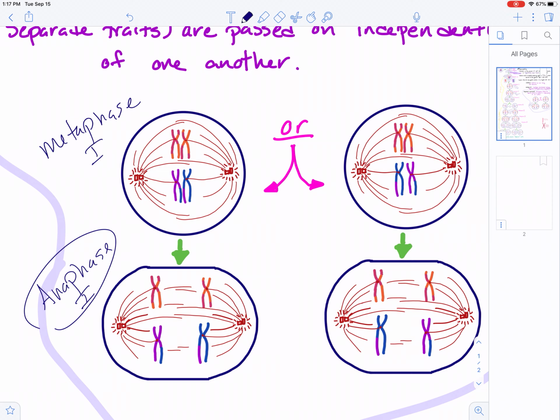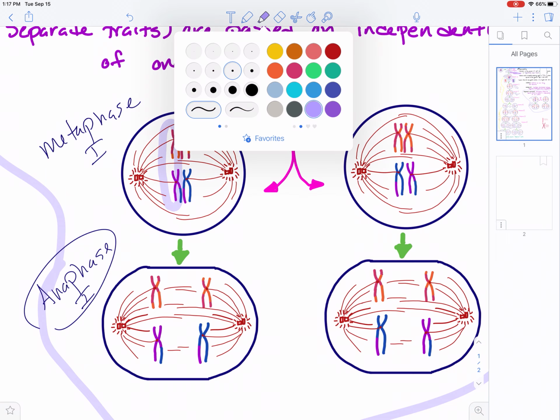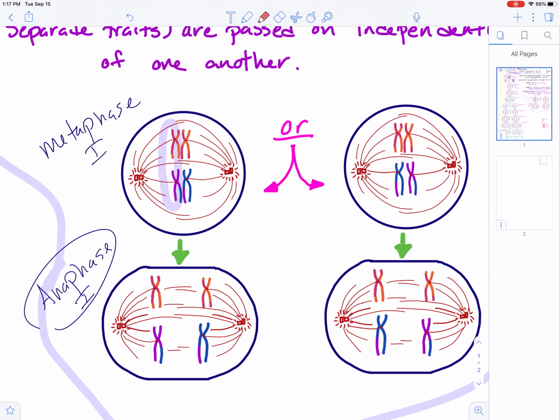And it's during this time that we see the chromosomes start to assort themselves. So you'll just notice that if we're paying attention to what's happening, these chromosomes right here are going to end up together. And then these chromosomes over here are going to end up together.